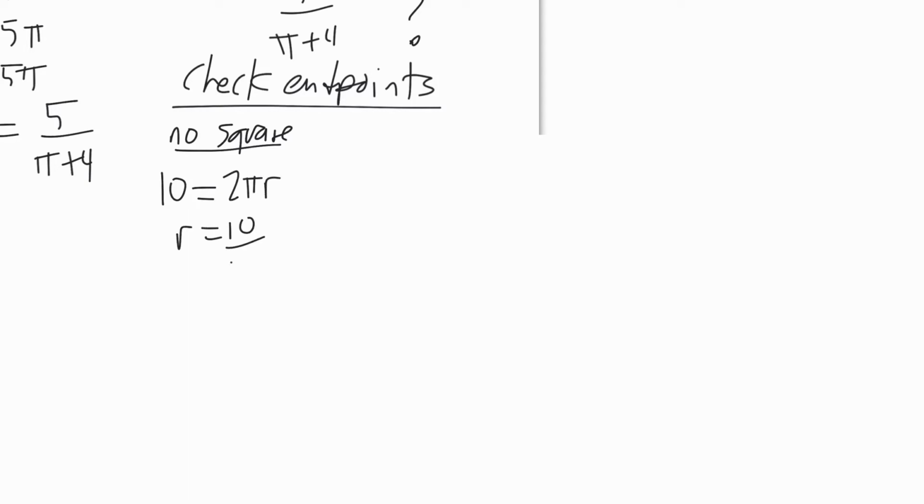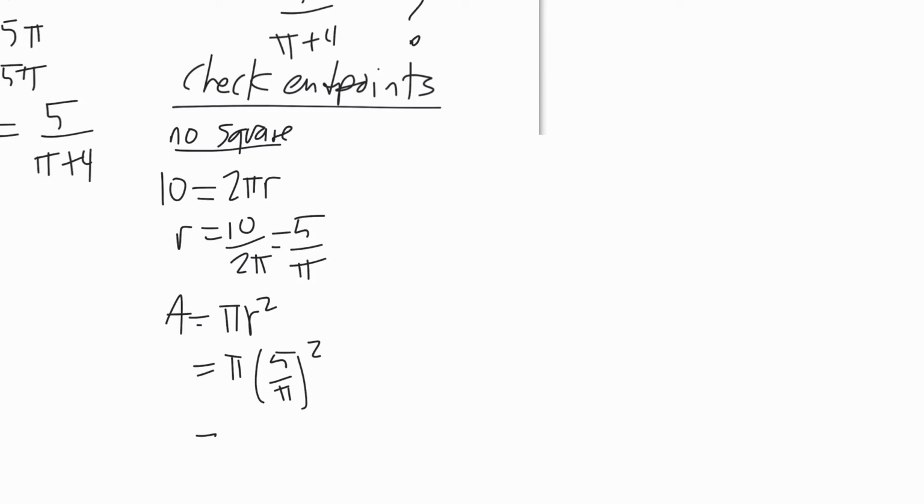So r would equal 10 over 2 pi, which would be 5 over pi. And the area would be all circle, so it would be pi r squared. So we'd get pi times 5 over pi squared, so 25 pi over pi squared, which reduces to 25 over pi. So if there was no square and it was all circle, our area would be 25 over pi.